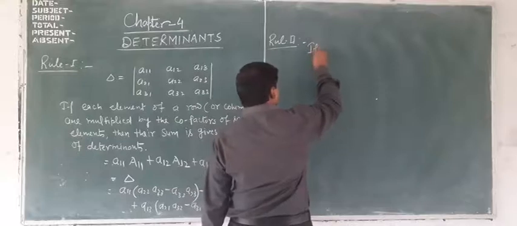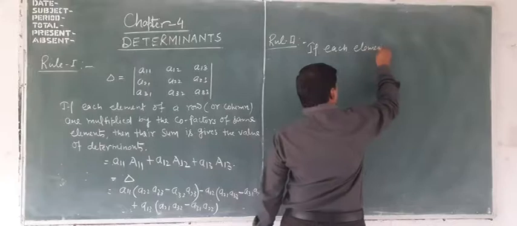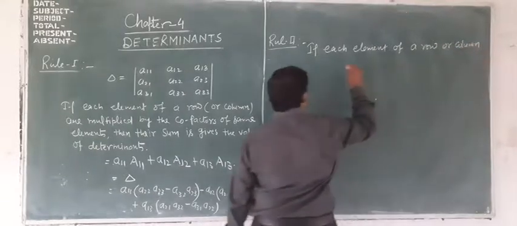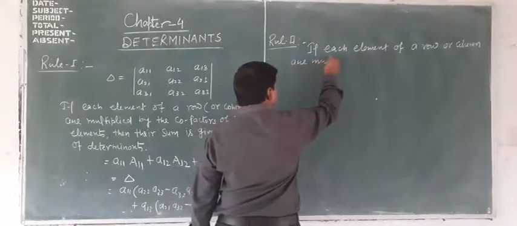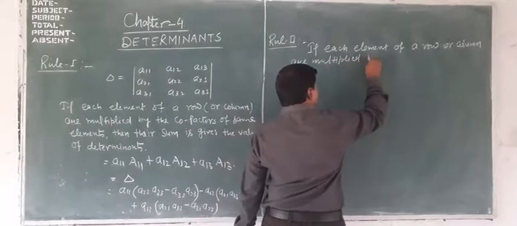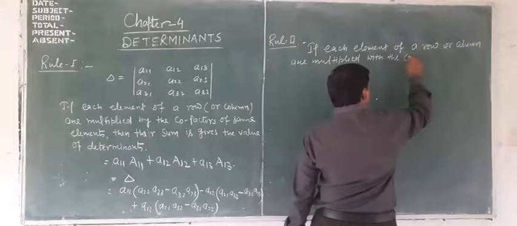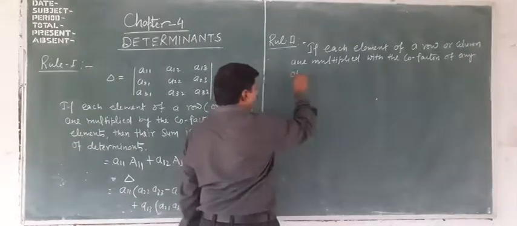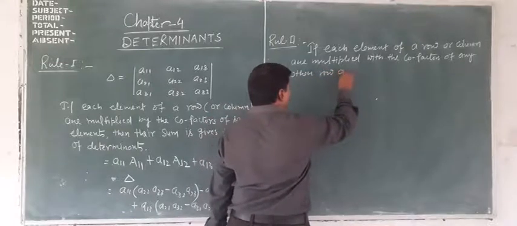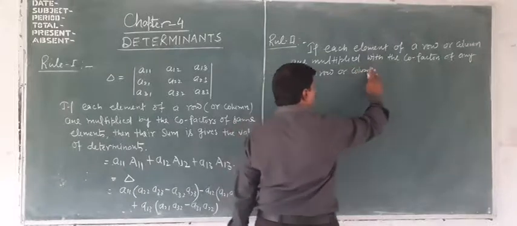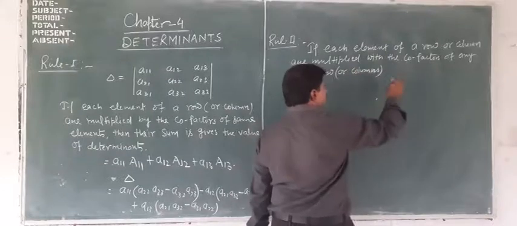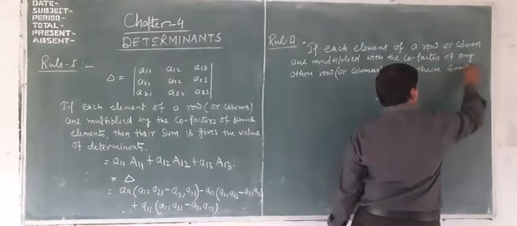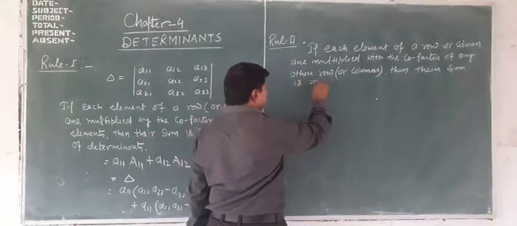If each element of a row or column is multiplied with the cofactors of any other row or column, then their sum is 0.